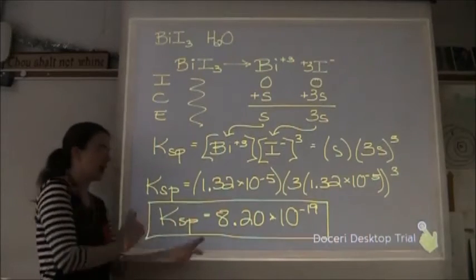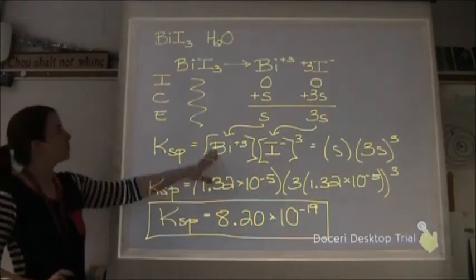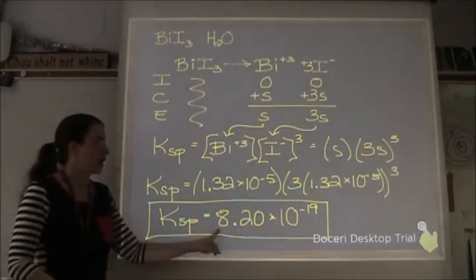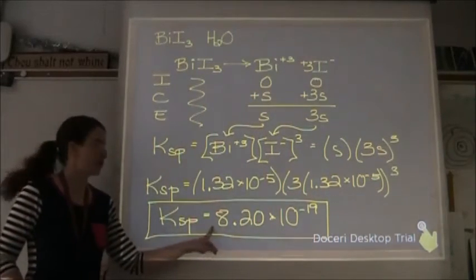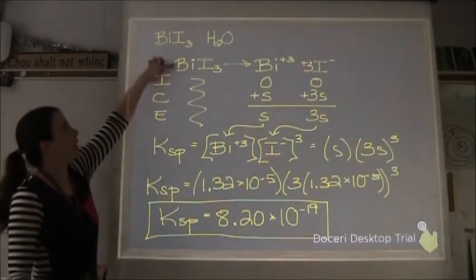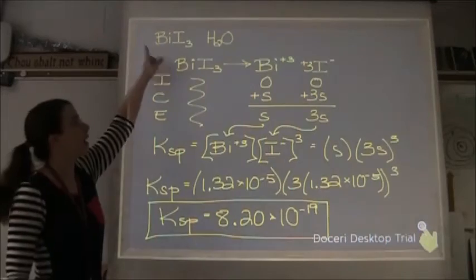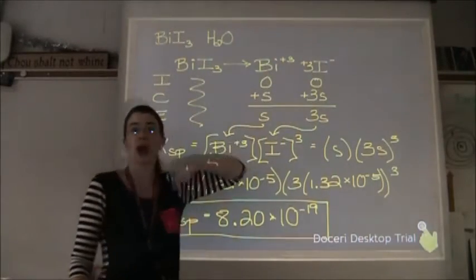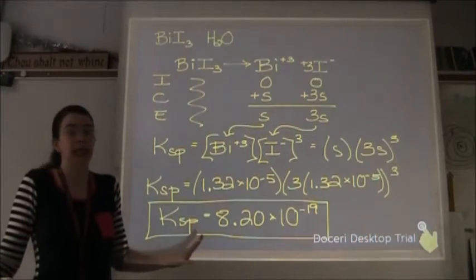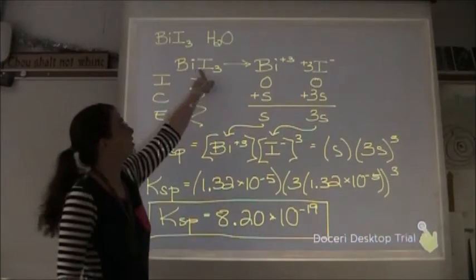Any kind of K, whatever the number is, is products over reactants. If a K value is very small, what does that mean for this equation? Am I getting a ton of product or very little, hardly any? Hardly any.